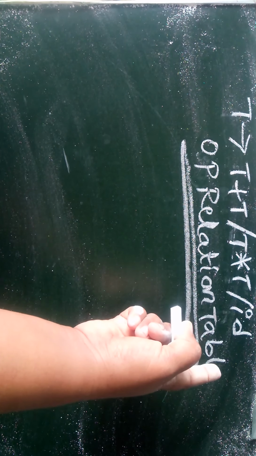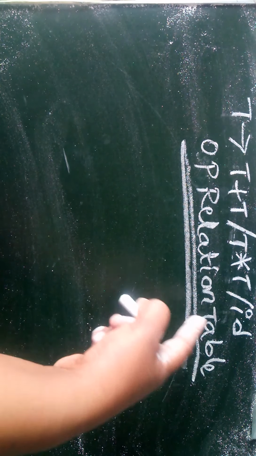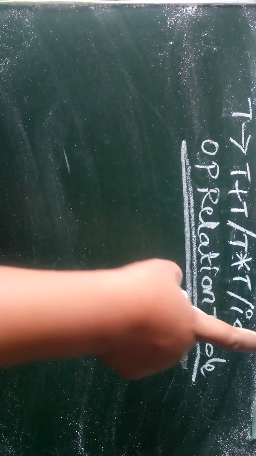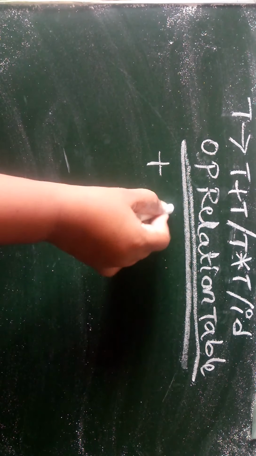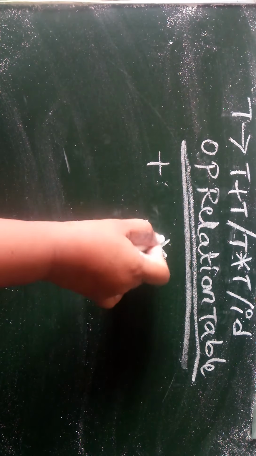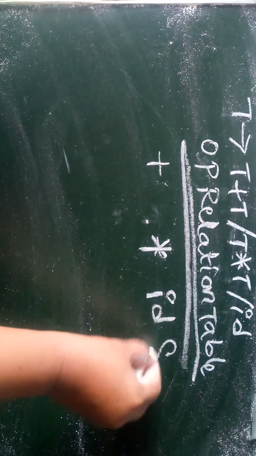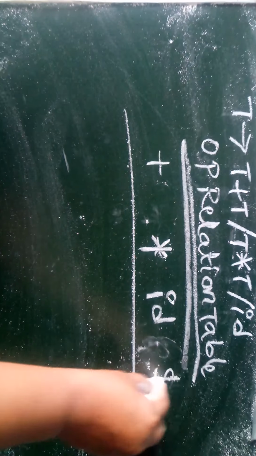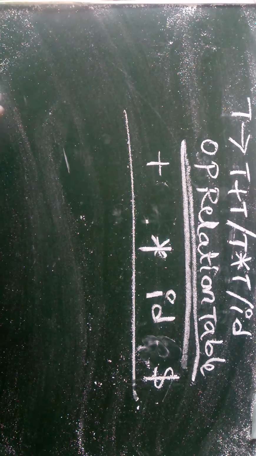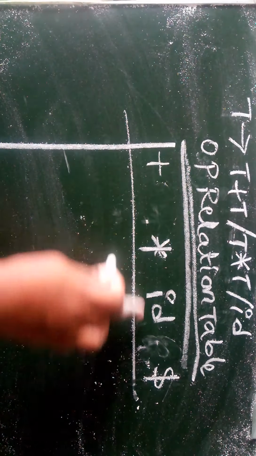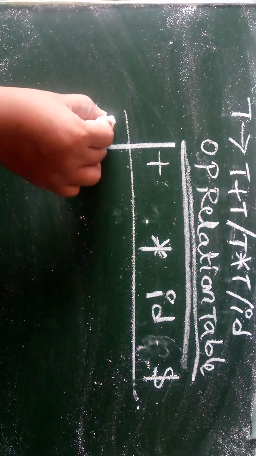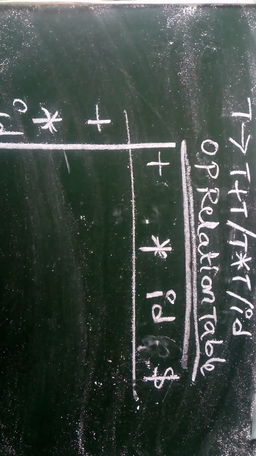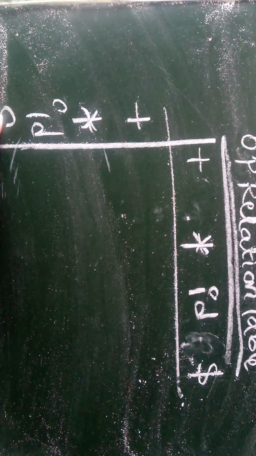At the end of every string we have to put dollar. So the terminals are plus, star, ID and dollar. Again repeat the same terminals here also: plus, star, ID and dollar.